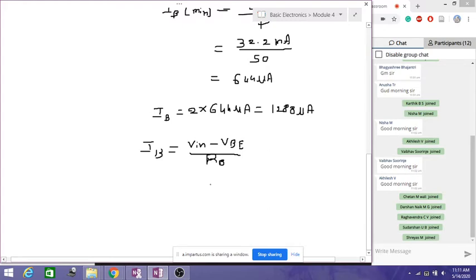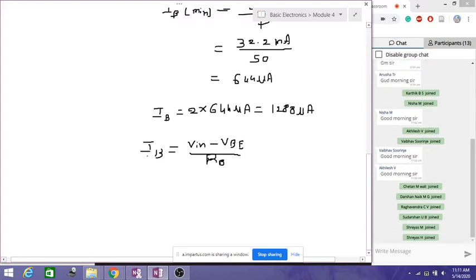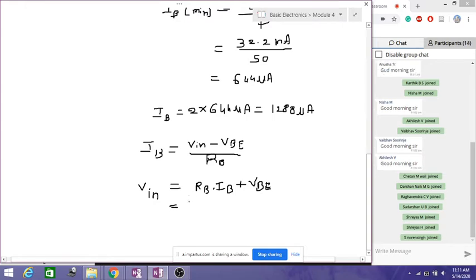Here we have to find V in, and we have the IB and everything else, so we rewrite this equation: V in is equal to RB into IB plus VBE. So now let us substitute all the values for RB, IB and VBE.